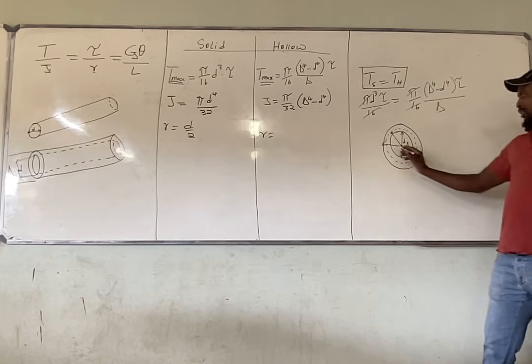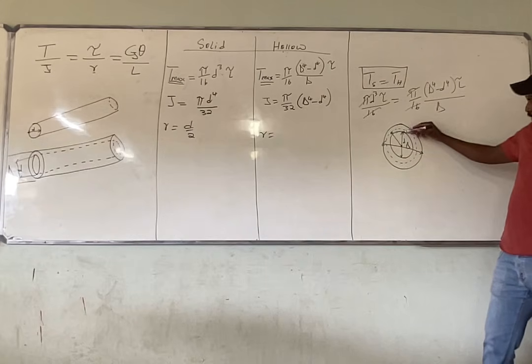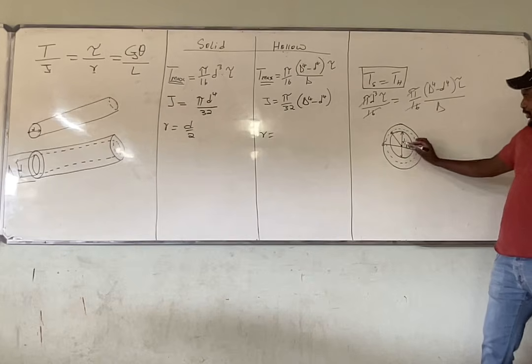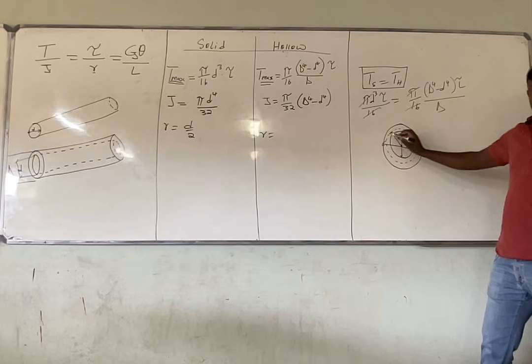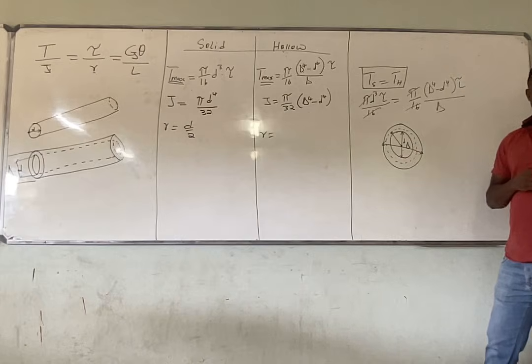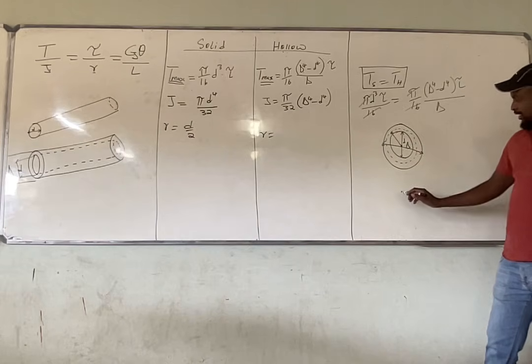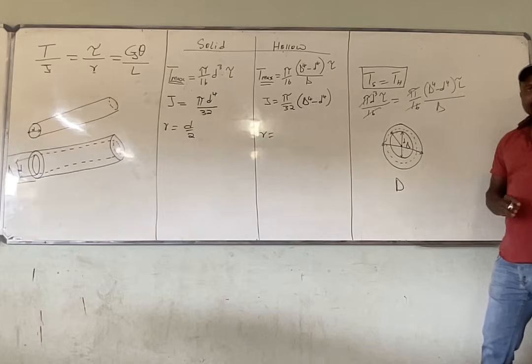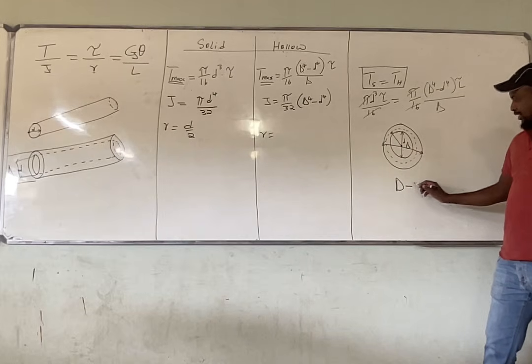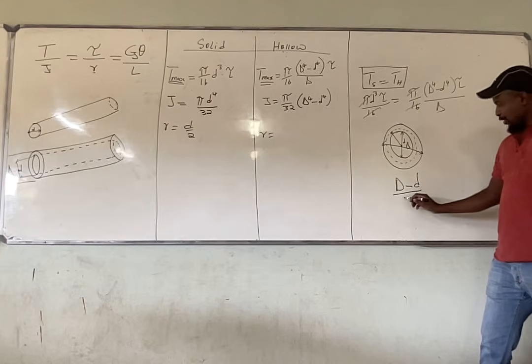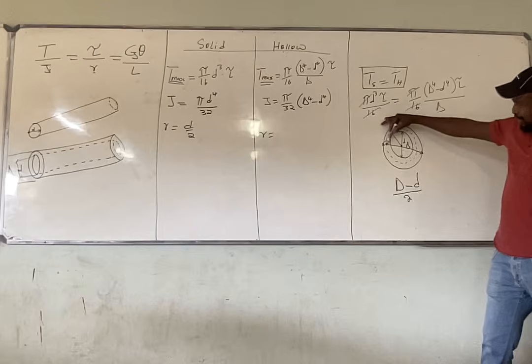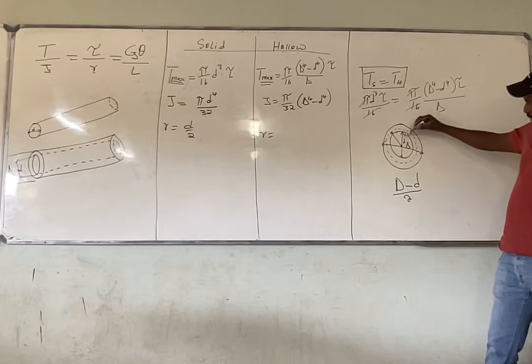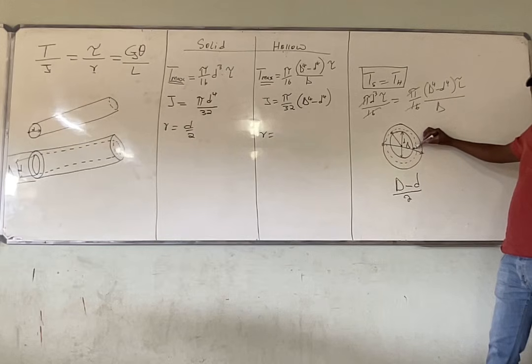If you have the outside diameter and the inside diameter, how do you get that distance? It is capital D minus small d over 2, all over 2. When you take the bigger one, you subtract the smaller one, you divide it by 2.